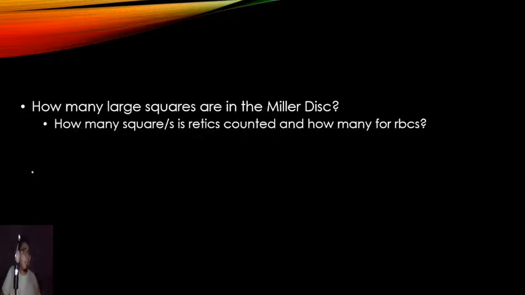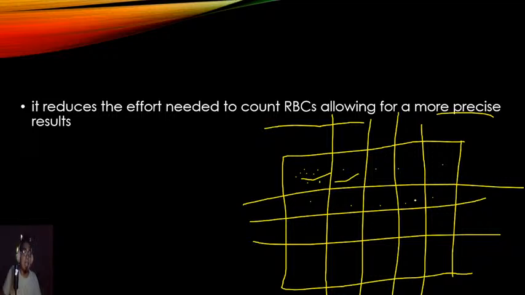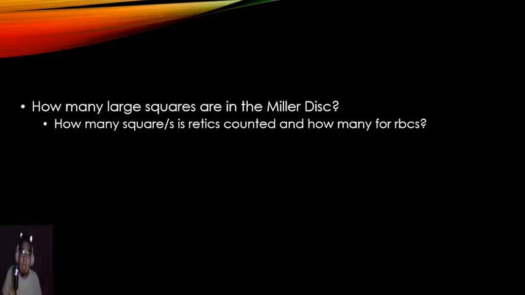Okay? Now, how many large squares are counted in the Miller disc? Ito na tayo niyan. Computation na naman. You need to count in 9 large squares. The standard Miller disc has like 18 squares, but all you need to count on is 9 squares.